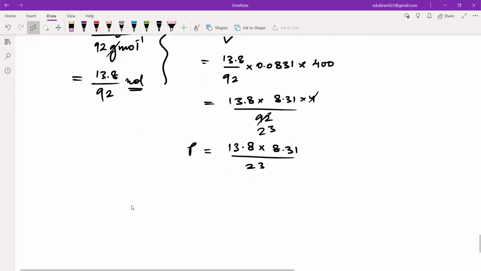You please do this and tell me the value of P. Maybe I can do 14 and 8, and there is 23.